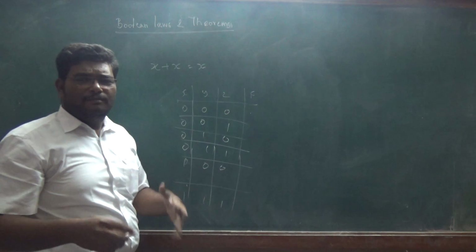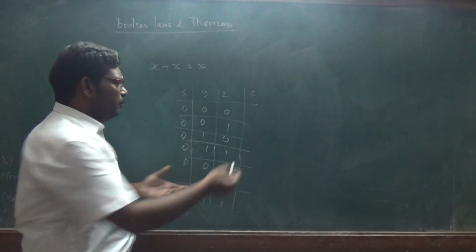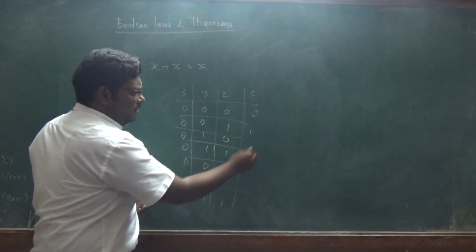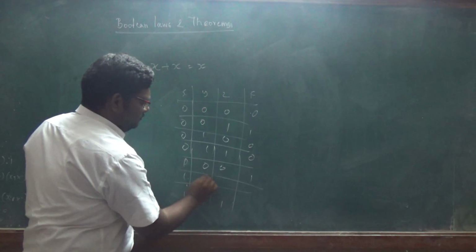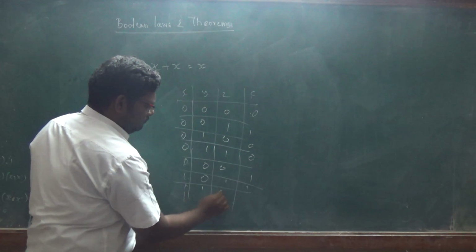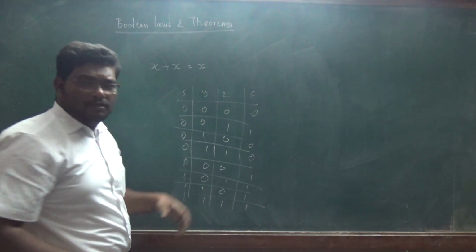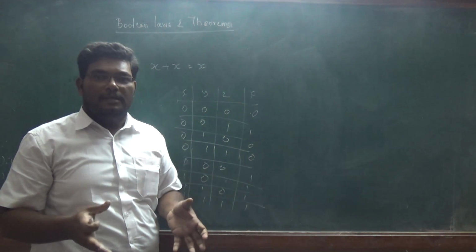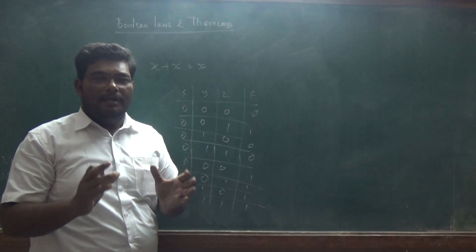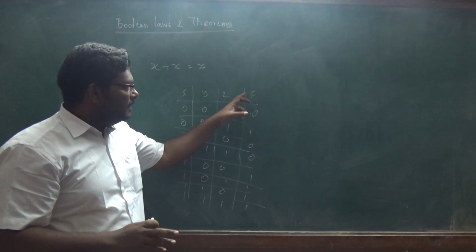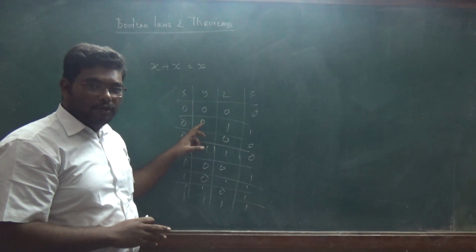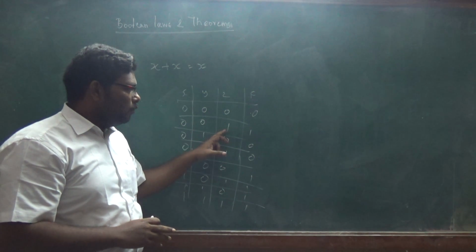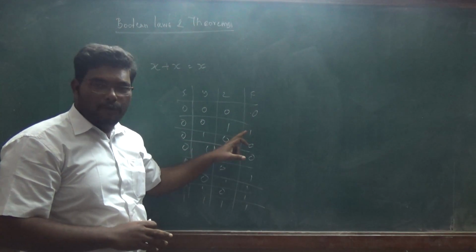Different output values are produced: 0, 1, 0, 0, 1, 1, 1. If we construct the equivalent Boolean function, when x equals 0, y equals 0, and z equals 1, the output value is 1.